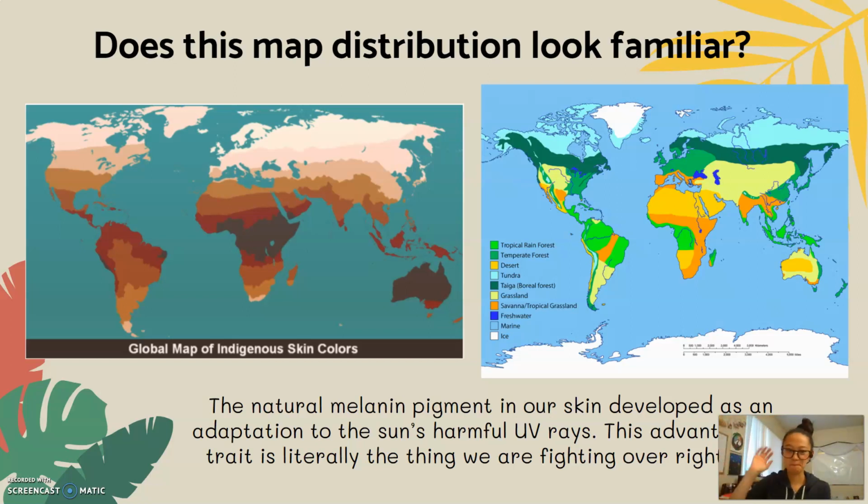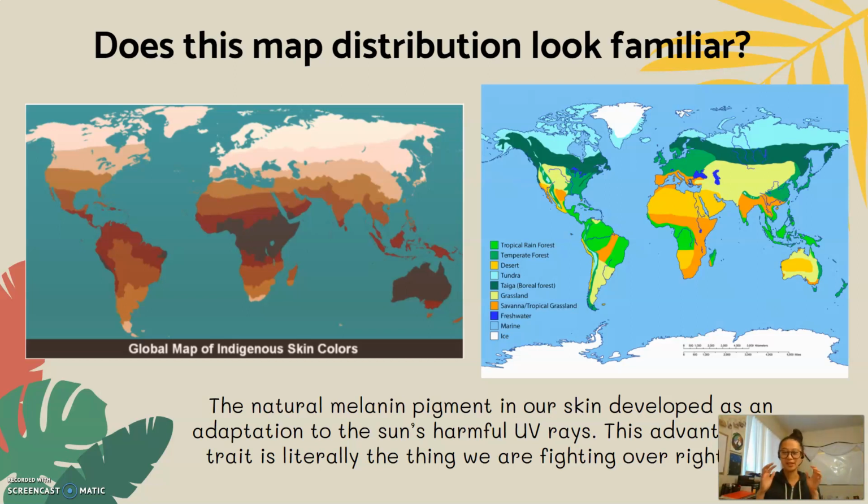Here's the thing that we fight over so much, and the thing that has caused racism and perpetuated racism and has become the reason for racism is really just an adaptation, right? All it is our natural pigment in our skin tone that is helping us prevent against the sun's harmful UV rays.